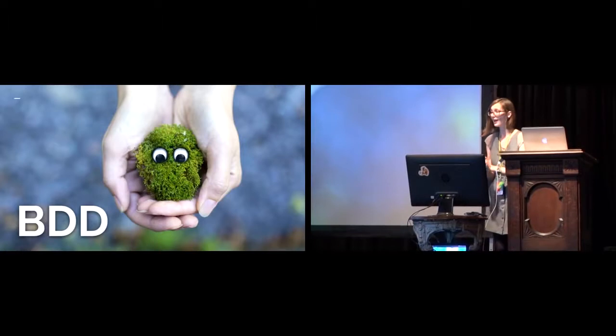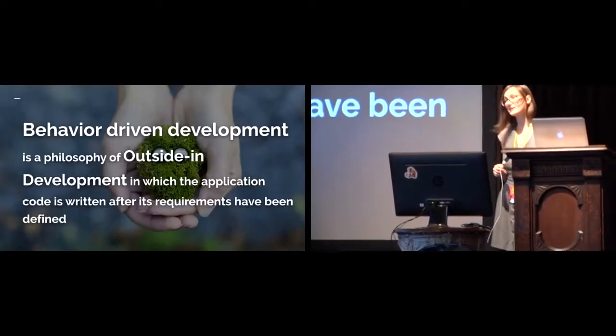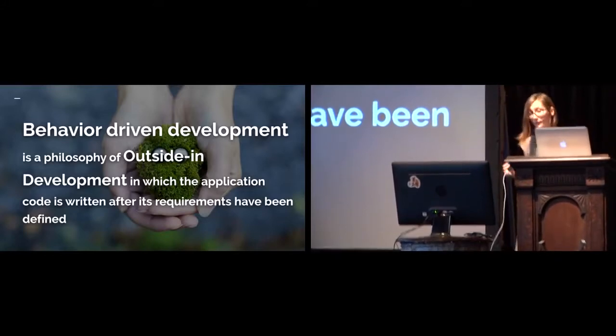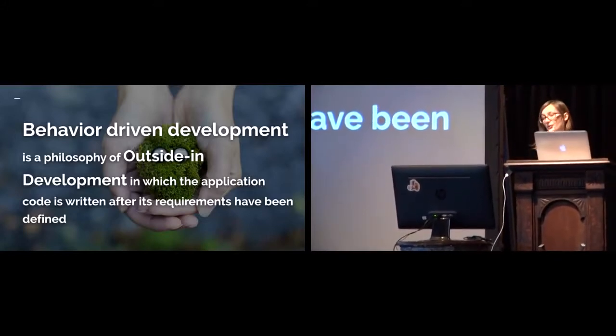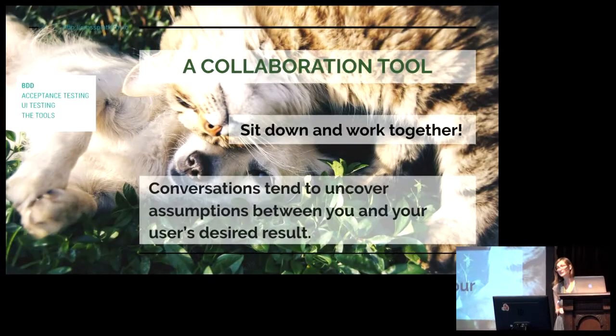on development. And as a reminder, behavior-driven development is a style of outside-in programming in which the application code is written only after its requirements have been defined. Its purpose is to be a collaboration tool where you sit down with your client and work together.